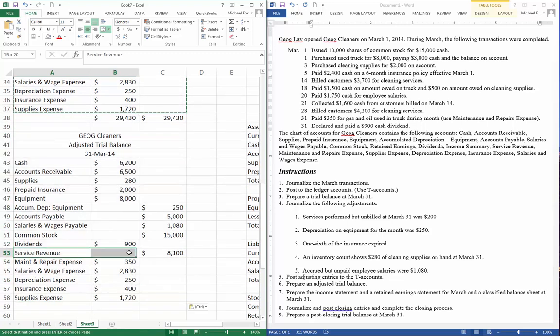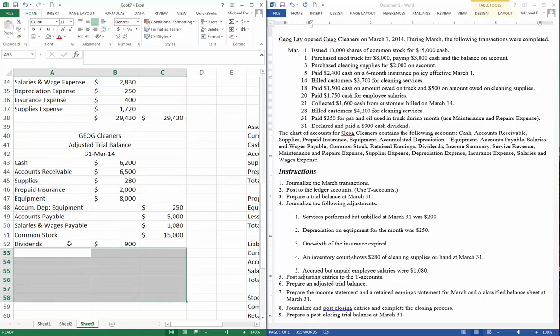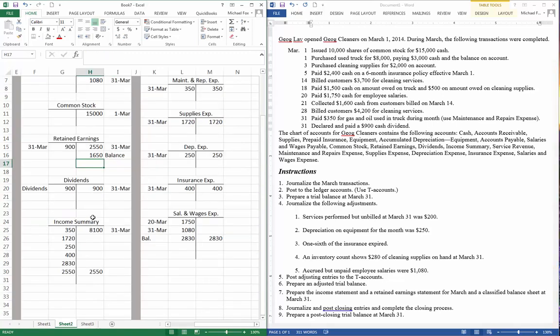That's going to be the revenue, the expenses, all gone, the dividends, all gone, and add the retained earnings, which has a balance of $16.50.